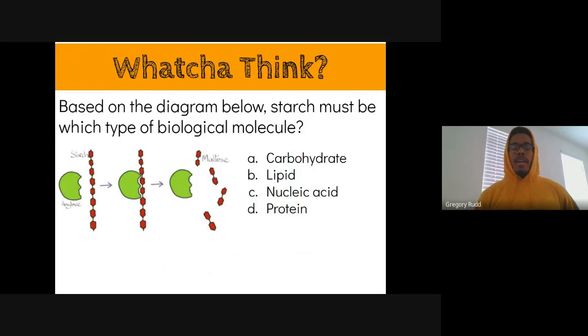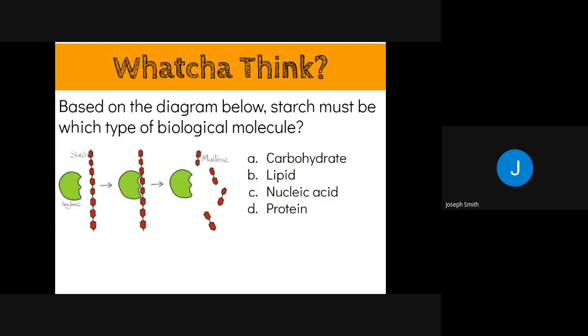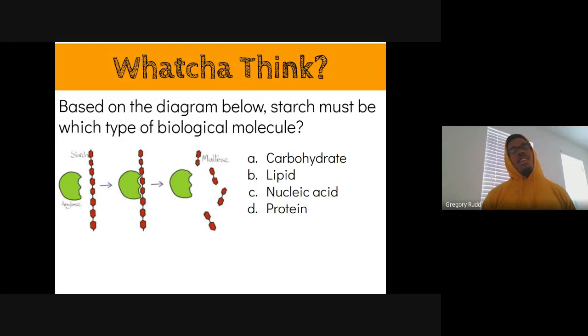So same diagram. Hopefully you have your notes from the past few days. Based on the diagram below, starch must be which type of biological molecule? Lipid. Heard someone say lipid.